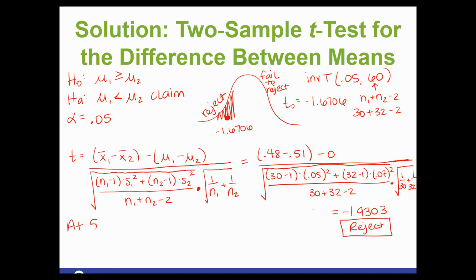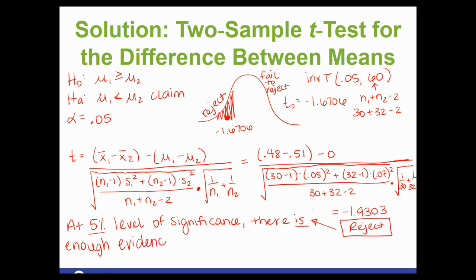So our last step is our conclusion sentence. At 5% level of significance, because we rejected, we say there is enough evidence to support the claim.